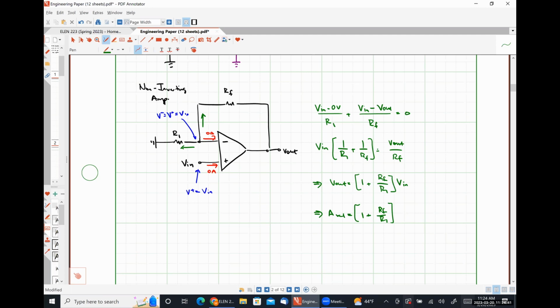There is a special case of this amplifier where RF is 0, a short circuit, and R1 is infinity, an open circuit. That is called a unity gain buffer. And its whole job is to recreate the input signal at the output while providing effectively an infinitely large input impedance.